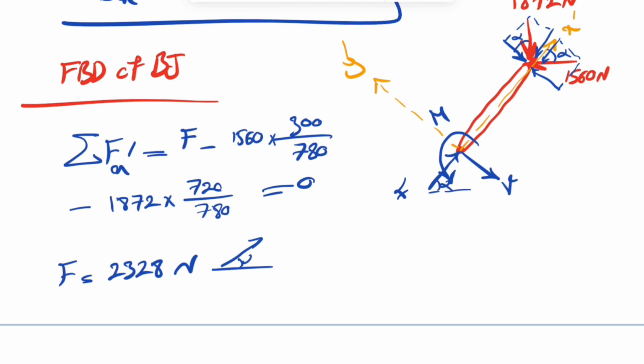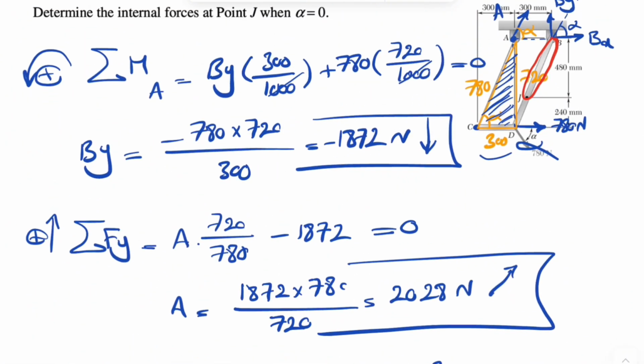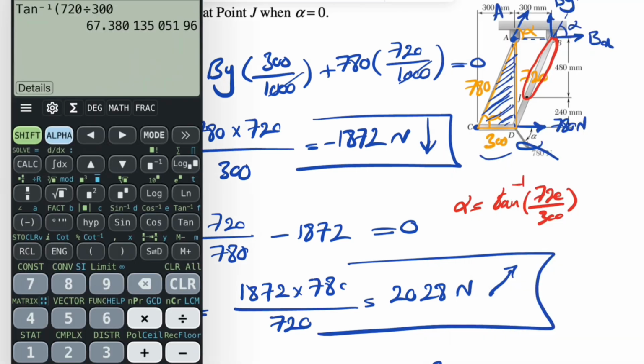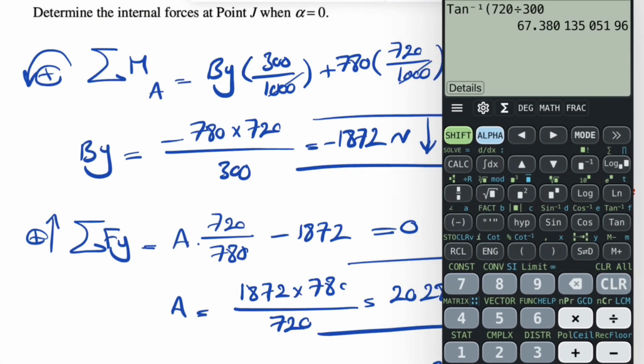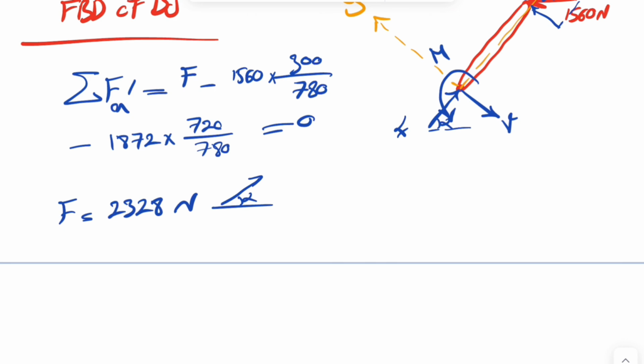For finding alpha, we can get back in here and find it very quickly. Alpha would be basically tangent inverse of 720 over 300. Let's see what that is. So this will be 67.4 degrees, and for the rest of the calculations, we can use that angle too.